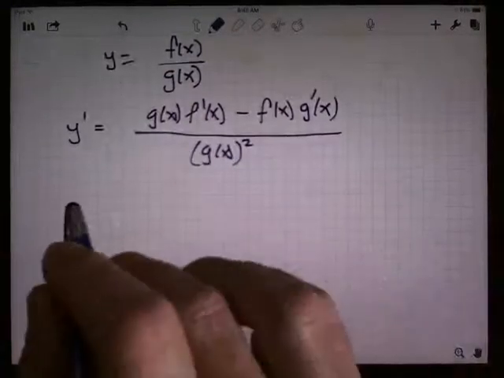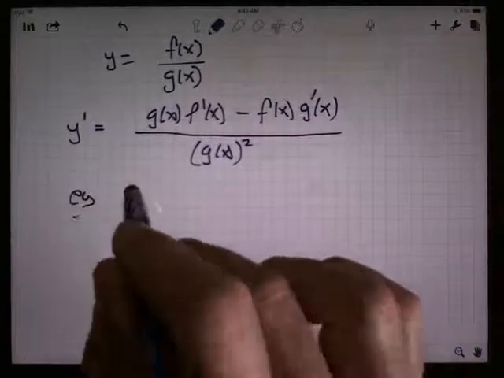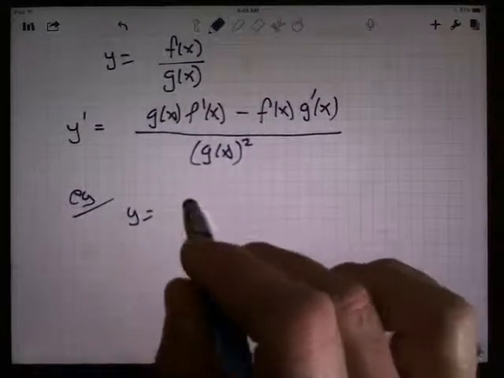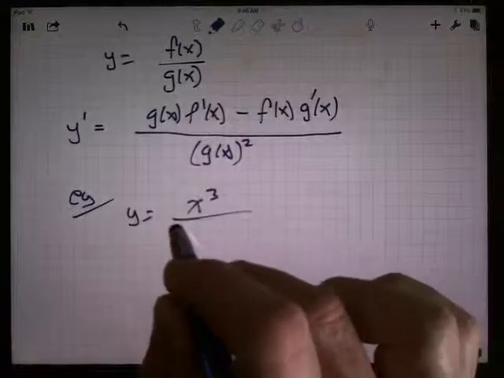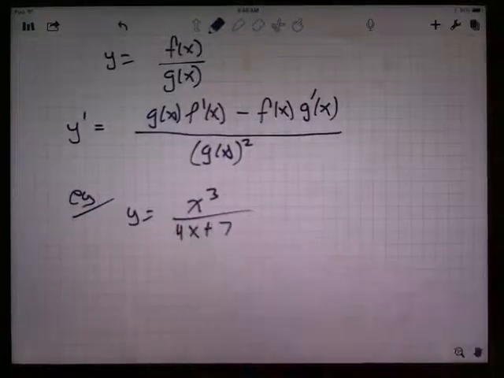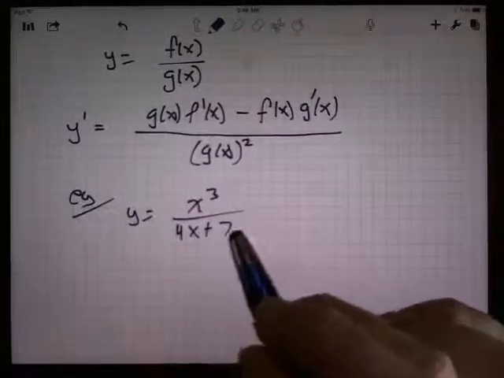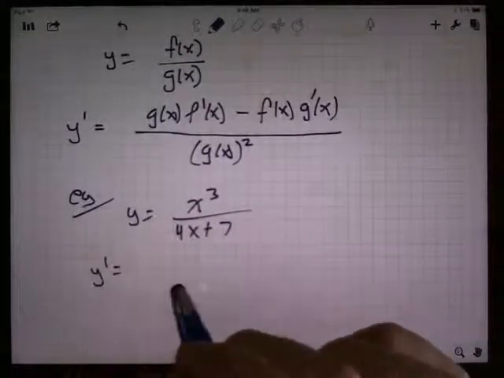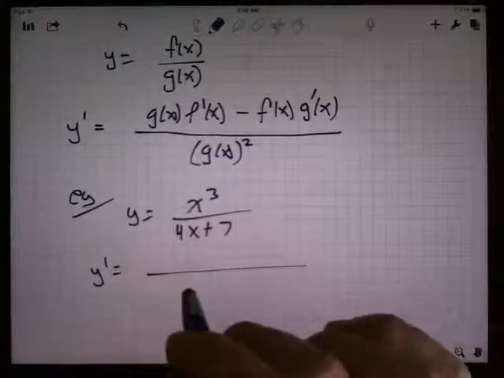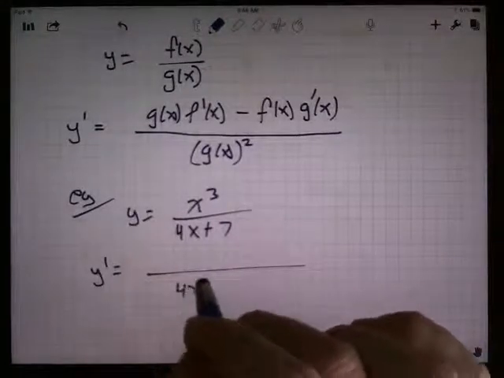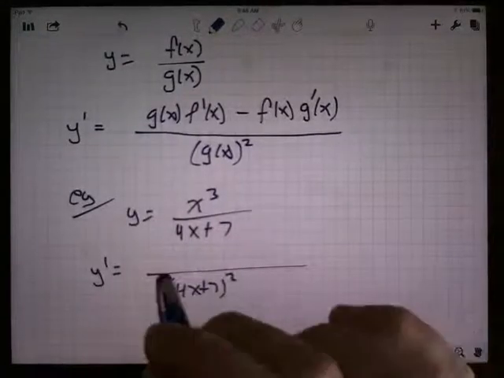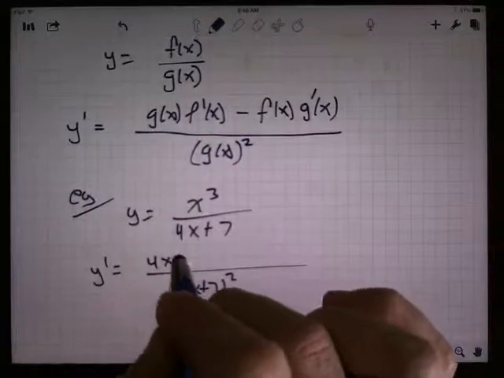Okay. For instance, how about if I've got y equals x cubed over 4x plus 7? y prime is the 4x plus 7 in the denominator, squared. There's a 4x plus 7 right here.